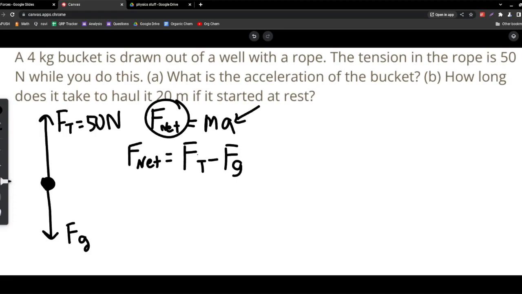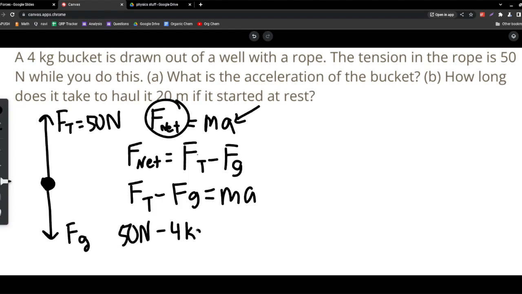Anyways, now if we set these two equal to each other, we end up having everything except for acceleration. So let's just plug that in. So we have 50 newtons minus gravity, which is 4 kilograms times 9.8 meters per second squared, equals 4 kilograms times acceleration.